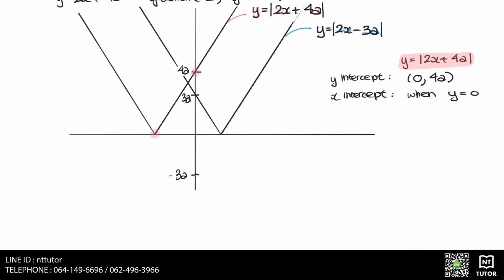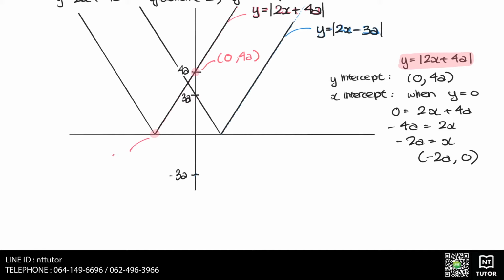So all we need to do is substitute y equals 0 into the equation and solve for x to get the x-intercept. And we get the x-intercept equals minus 2a. Therefore, the coordinates where that graph crosses the axis are (0, 4a) and (minus 2a, 0).